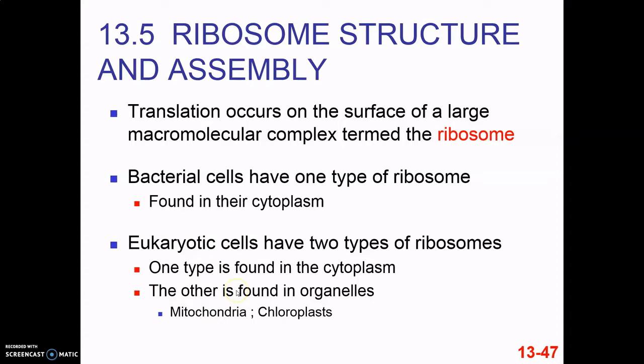The other types of ribosomes are what exists inside of the mitochondria and inside of chloroplasts. If you recall, both mitochondria and chloroplasts have their own genome inside, and they in fact also have their own ribosomes. This is an artifact of the fact that both of these organelles used to be intracellular symbiotic bacteria.